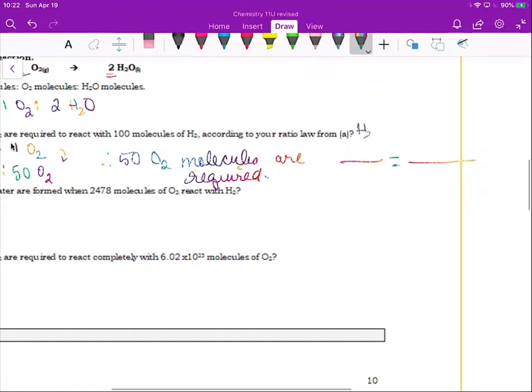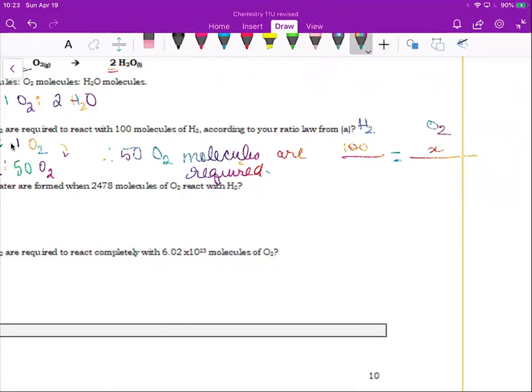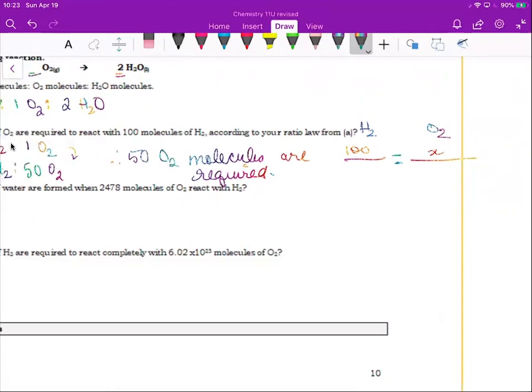So these are going to be my hydrogen and oxygen numbers. If I have 100 molecules of hydrogen and I want to find the number of oxygen molecules, it's going to be X, and my numbers are 2 to 1. Then I can just rearrange this and get X equals 50. You get to the same point either way.